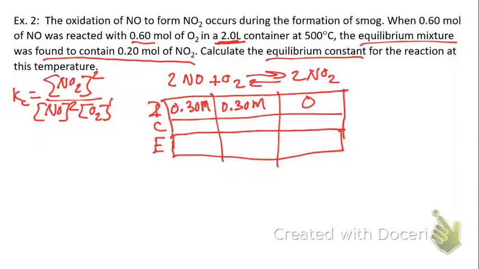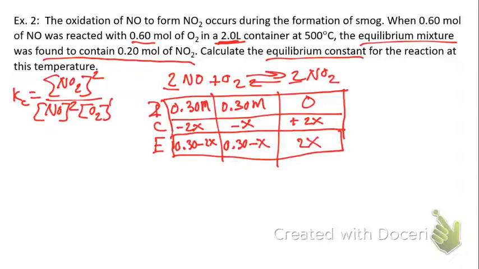Now for the change, we're going to subtract 2x because of the coefficient of 2, subtract x, and add 2x for the product. So the equilibrium concentrations should be 0.30 minus 2x, 0.30 minus x, and 2x.